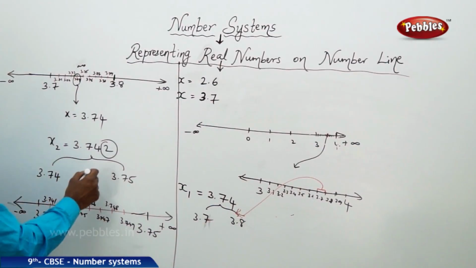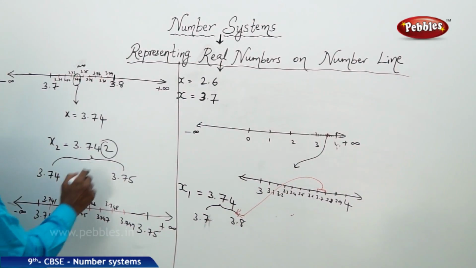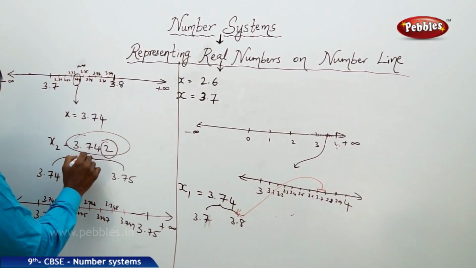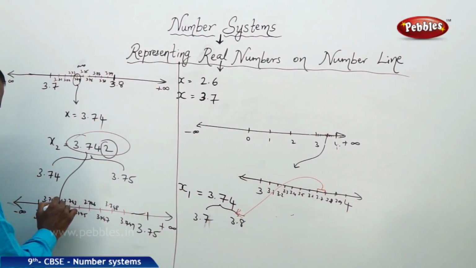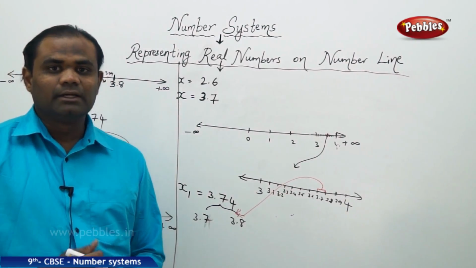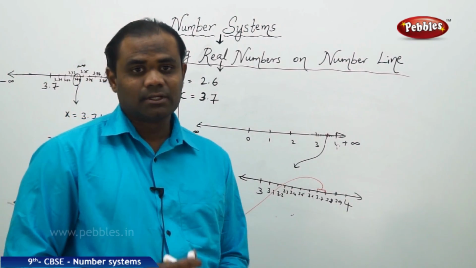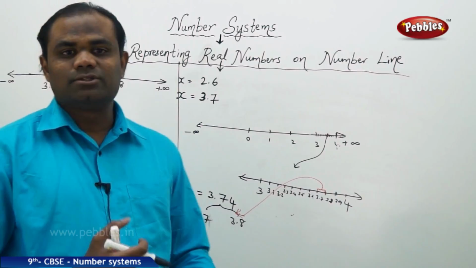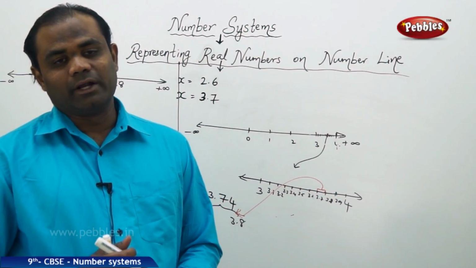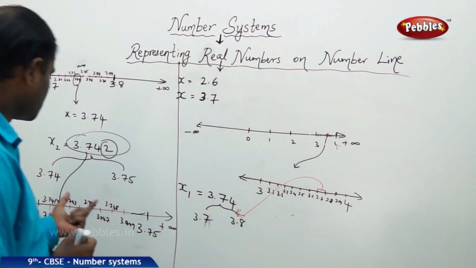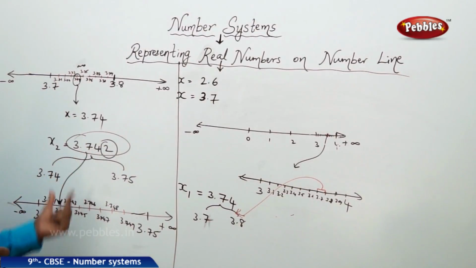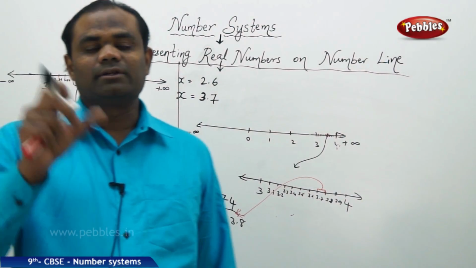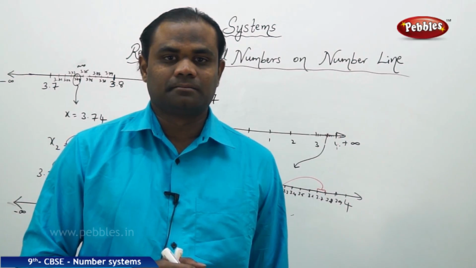Therefore, the number 3.742 is exactly lying out here. Proceeding similarly, as the number of decimals increases, the number line gets zoomed in, and the subdivided intervals can make me locate exactly the number fixed on the real number line.